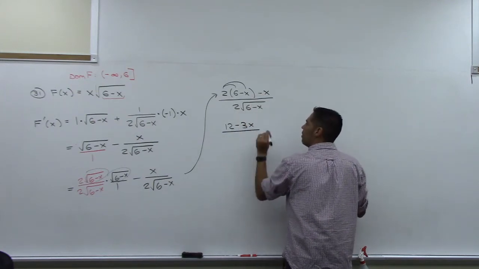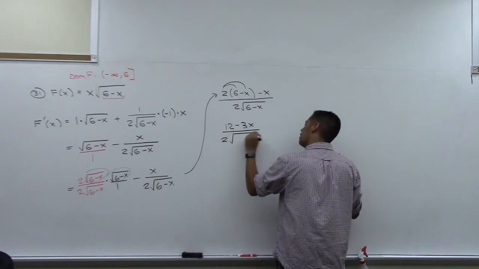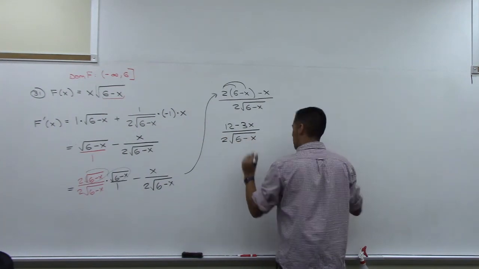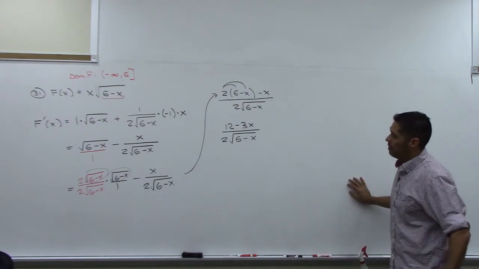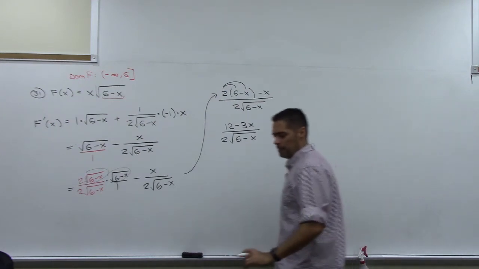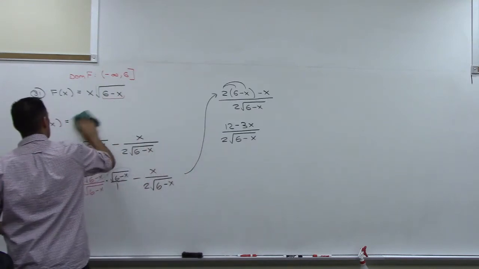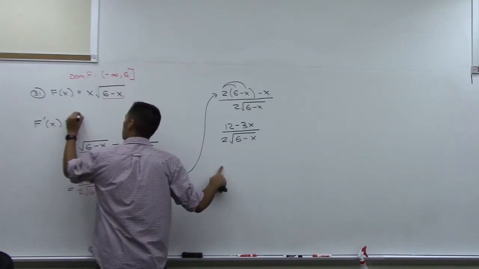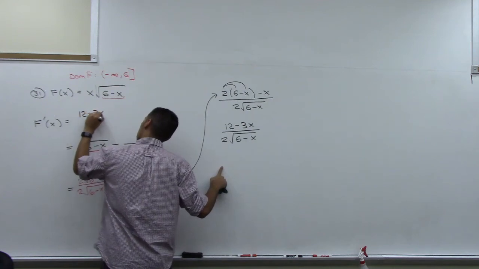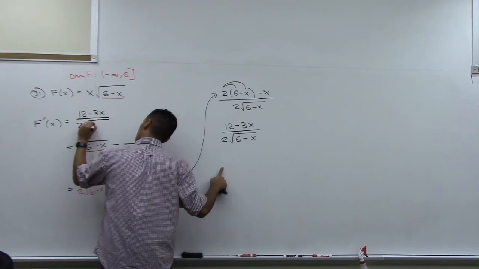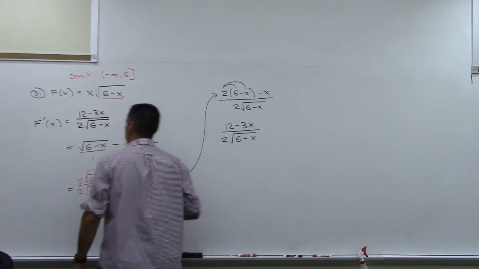And then all of that over 2 root 6 minus x. So that's my first derivative right there. That's a pretty clean version of it. So let me replace it in here. This first derivative is 12 minus 3x over 2 root 6 minus x.